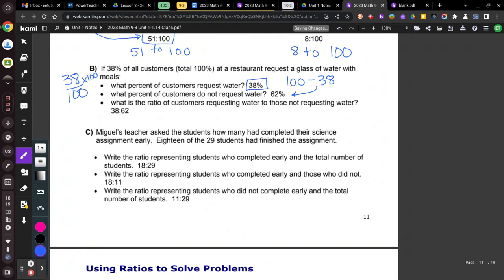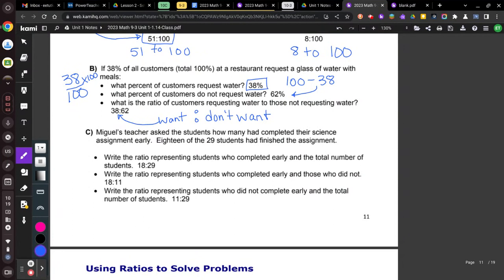So now we're going to say how many out of 100 want it and don't want it. This is now saying the want to don't want. That's what they're showing the numbers here for. 38 want the water, but the 62 don't. So that's how they've written the ratio of how many do, how many don't.